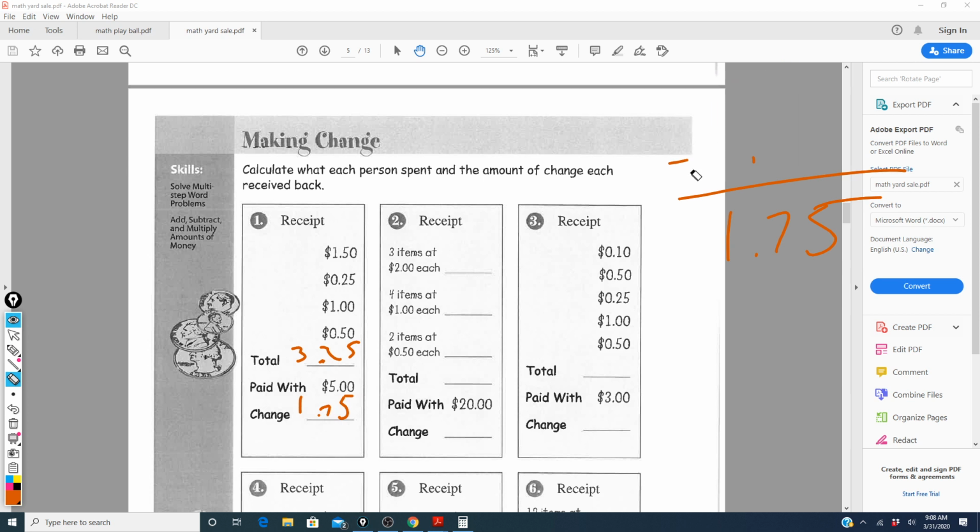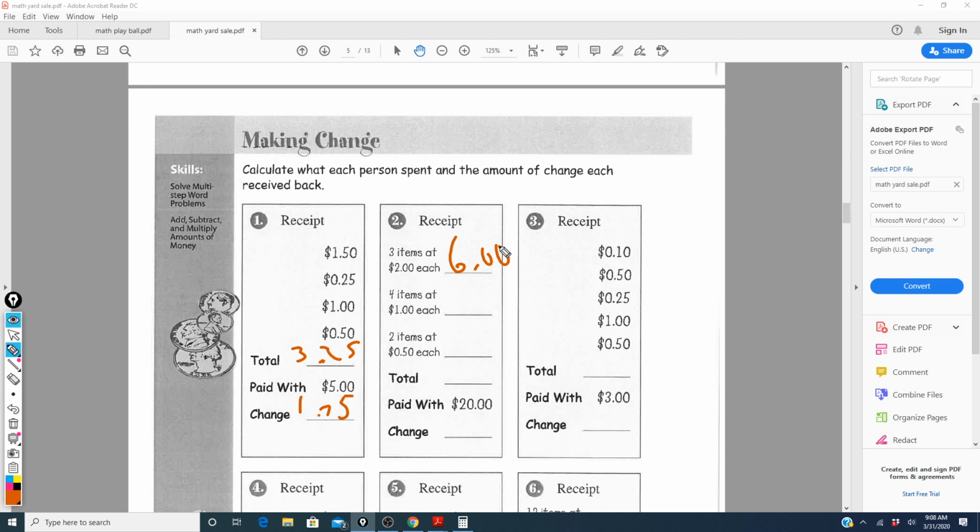Again, jumping right into this. When it comes to receipt number 2, if you have 3 items at $2 each, well, 3 times 2 will give you $6 total.